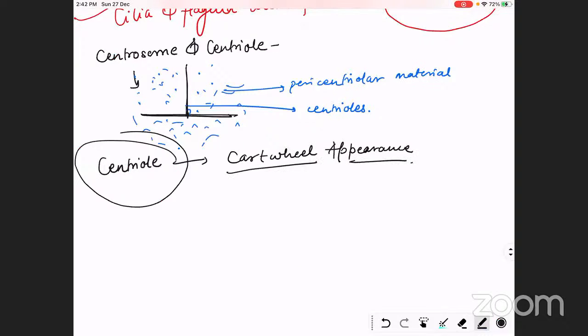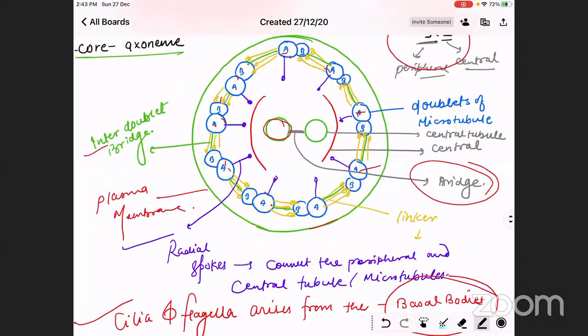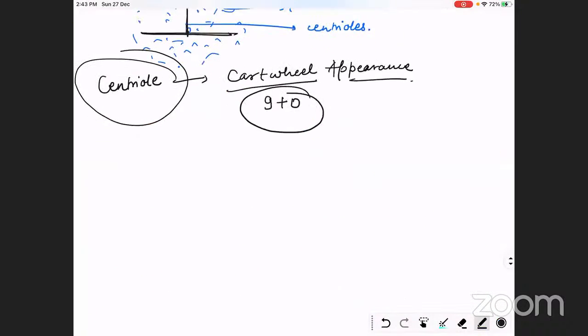So the structure of the centriole is known as the 9 plus 0 structure. Just similar to this one, but there is no central microtubule. Here are the triplets.